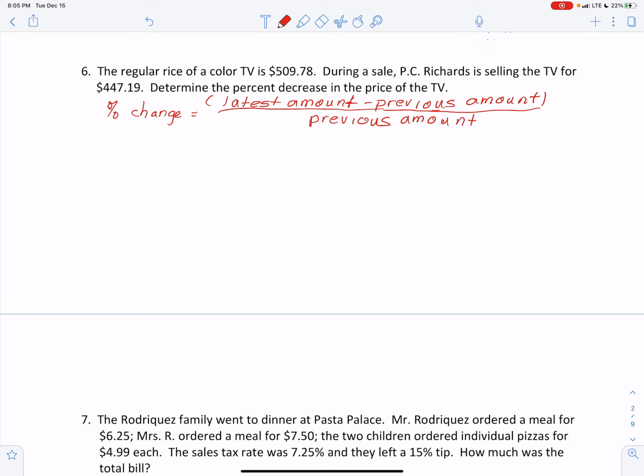Now, this is going to give us a decimal, so we're going to multiply it by 100 to turn it into a percent.